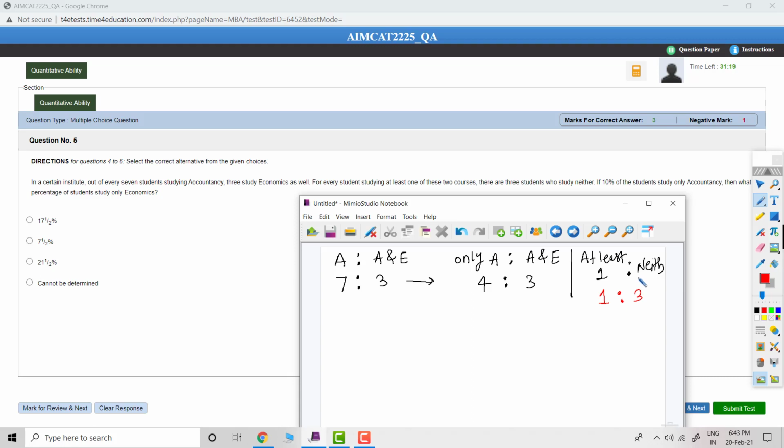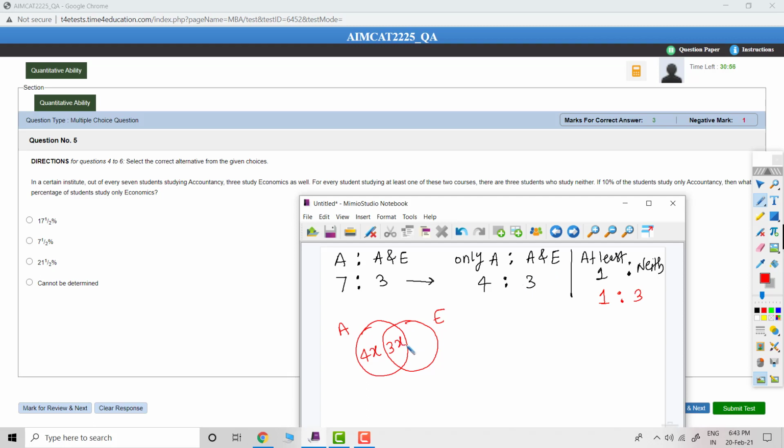So let's form a Venn diagram now. This circle is for accountancy, this circle is for economics. Only accountancy is 4x, I will write 4x here. Accountancy and economics is 3x.